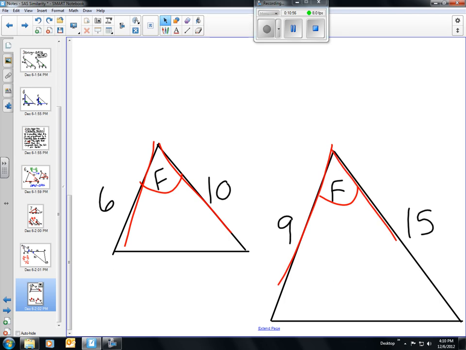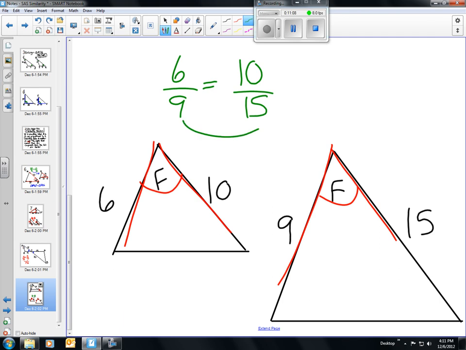So we can use side-angle-side and set up the ratio of 6 over 9 equals 10 over 15. And when you do the calculation there, you'll get that both of those ratios come out to be 0.6 repeating. And so yes, you could say that these two triangles are in fact similar. And our similarity statement would be this. Triangle FGK is similar to triangle FHJ.